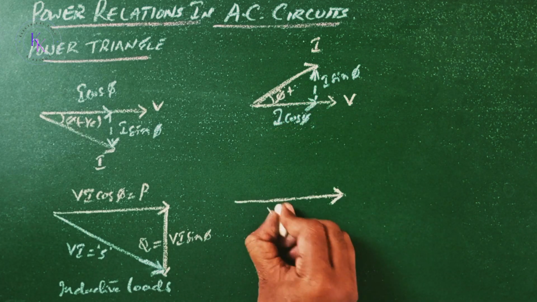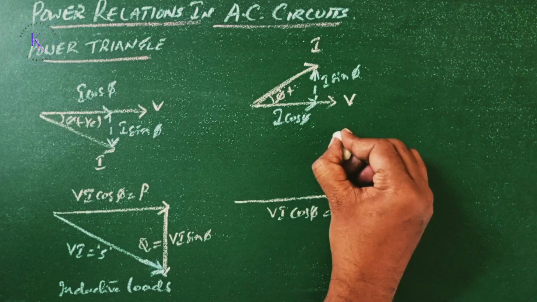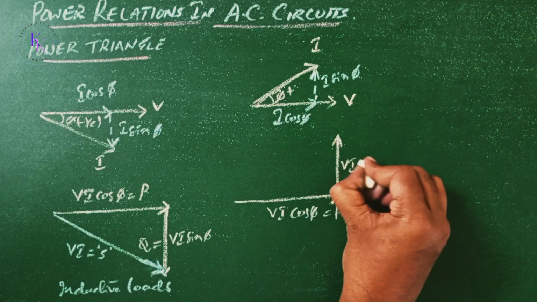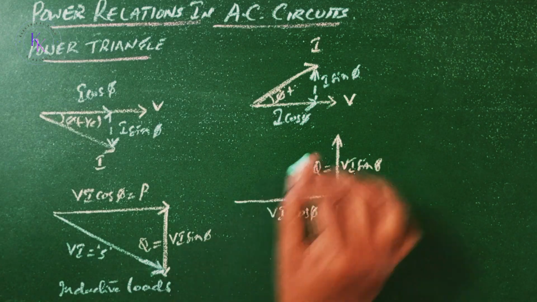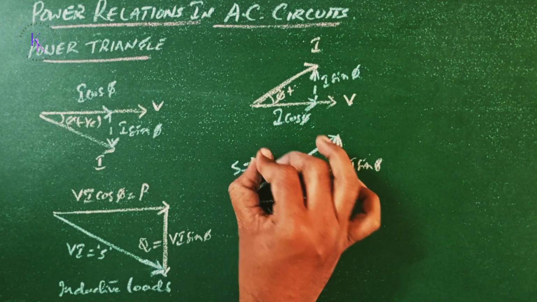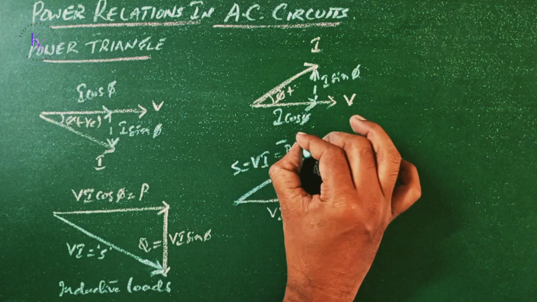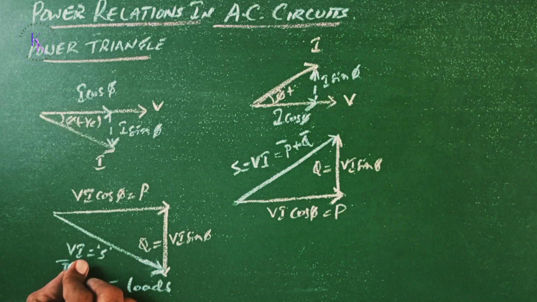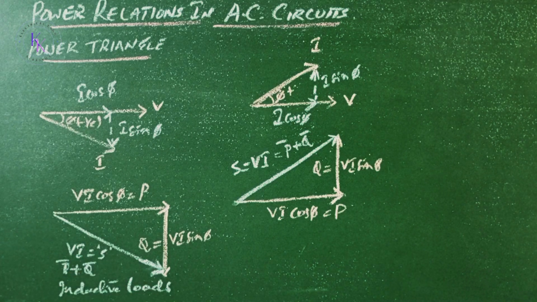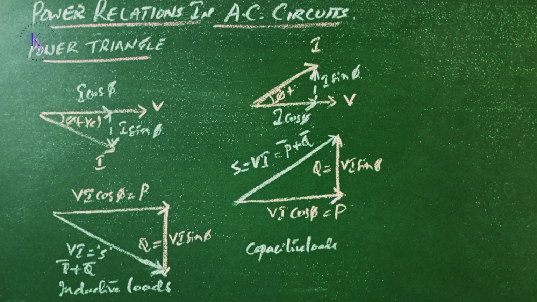This is VI cos phi, which is the value of P. This is VI sin phi, which is the value of Q. Then the apparent power S is given by VI, which equals the vector sum of the real power and reactive power. In case of capacitive loads, these are known as the power triangles.